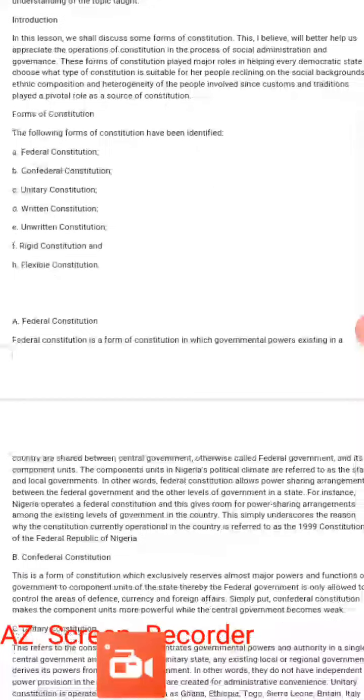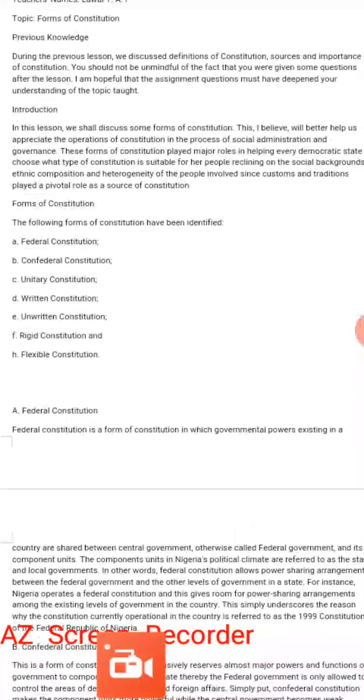Today, we shall discuss some forms of constitution. Knowing this will help us appreciate the operations of constitution in the process of social administration and governance better.